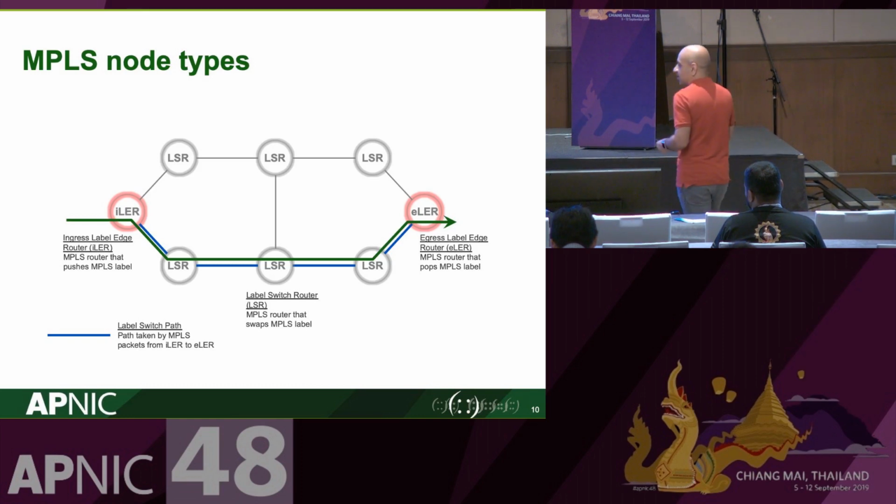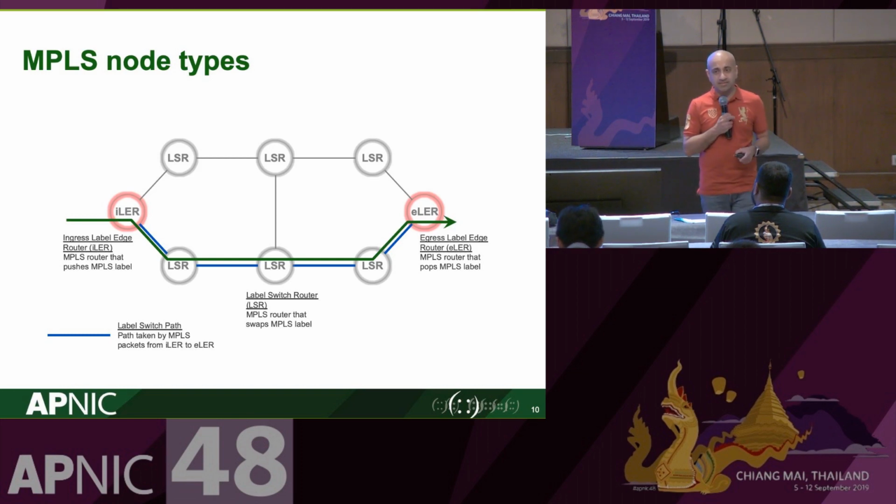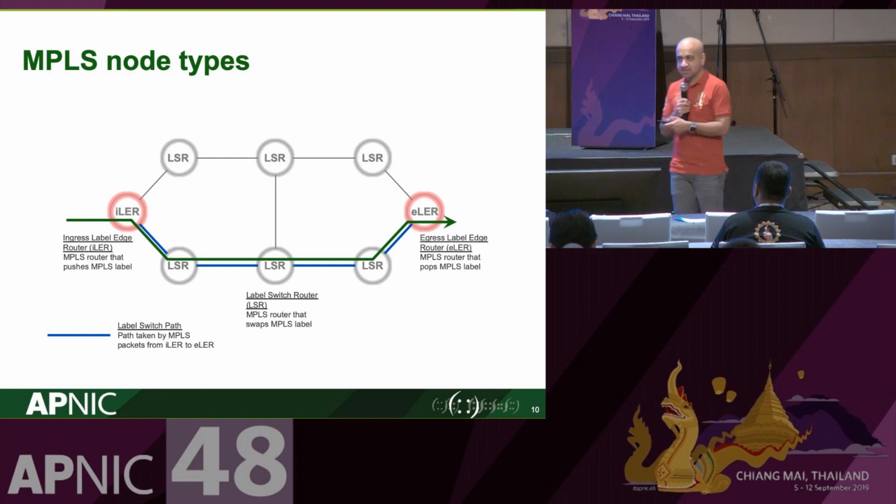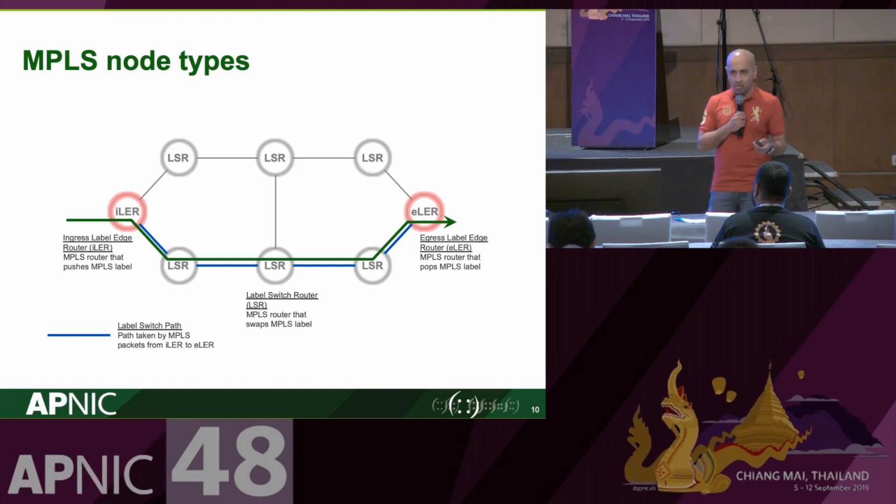So quickly, what does an MPLS network look like? There are two types of nodes. I already mentioned one of them, which is the label edge router. There are two types of label edge routers. There's one that is at the ingress of the network, and there's one, or one or more, at the egress of the network, in this case.